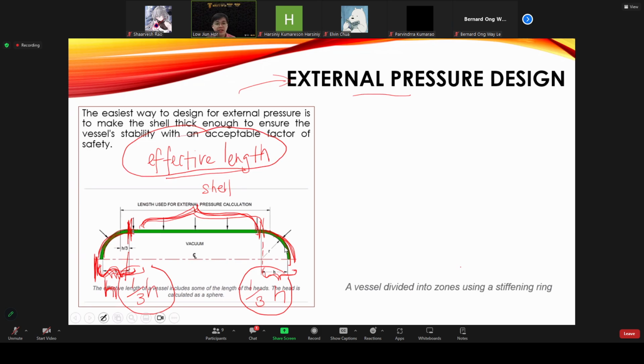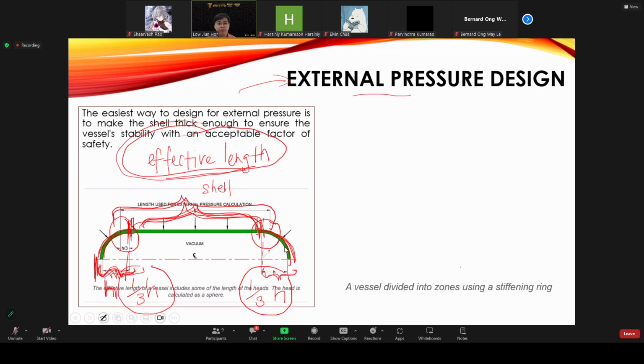And when we design the thickness for the pressure vessel to withstand the external pressure, we need to consider the effective length. So that means we cannot just consider the length of the shell here. We need to consider from here until here. We need to include another 1/3 of the height of our closure here, and also 1/3 of the height of our closure here.